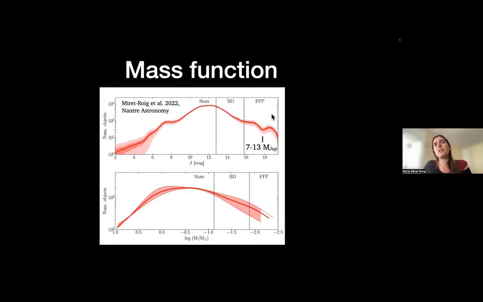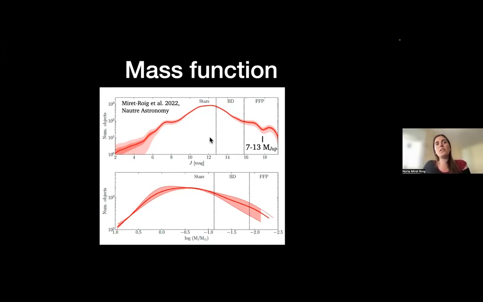For instance, I find particularly interesting this dip at planetary masses, which is one of the first times that it has been observed, and certainly poses new questions regarding the origin of all these free-floating planets. For instance, it could tell us that different formation mechanisms are dominant at different masses.